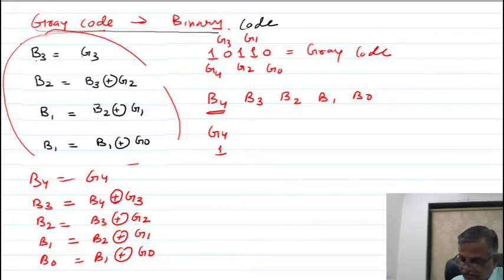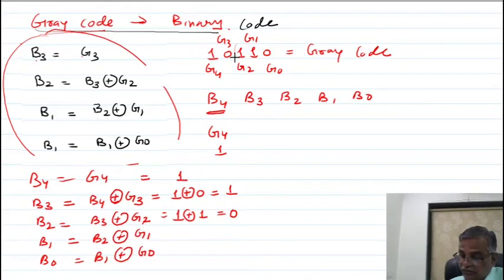Now let us write. This is your 1, and here 0, so it is 1. B3 and G2, so it is 1. What is G2? Look here, it is 1. So it is 0.